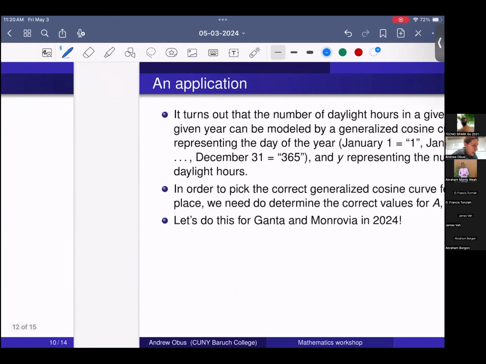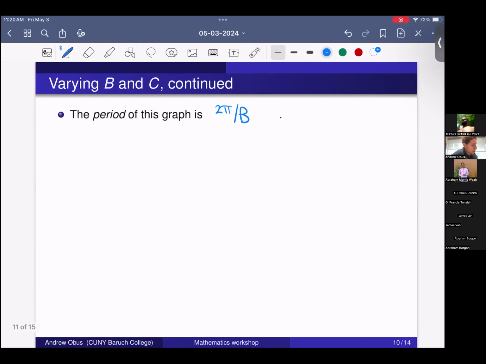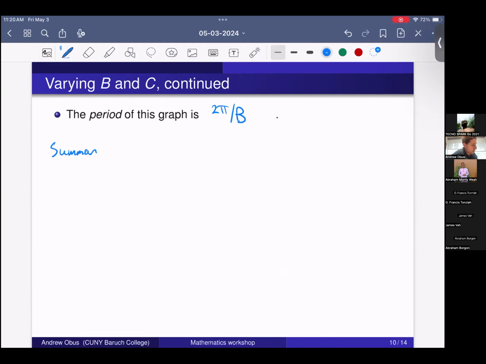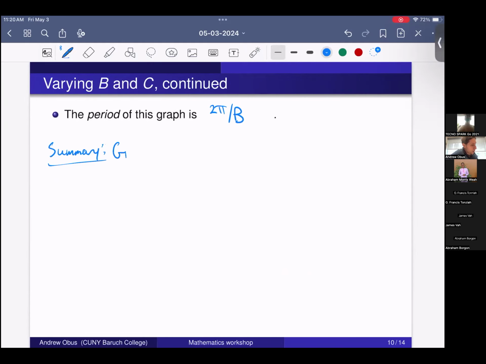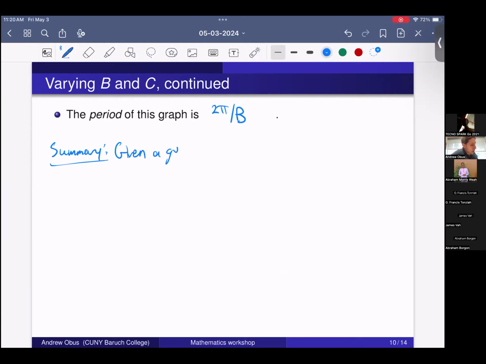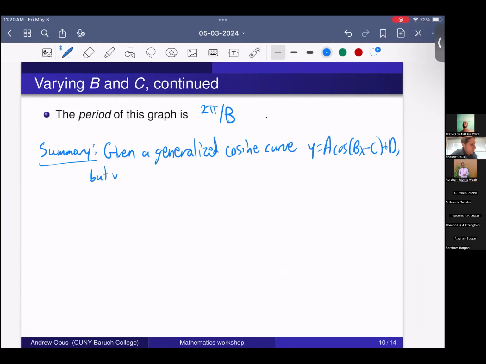So let me just give the summary. Let's say that we're given a generalized cosine curve y equals a cosine of bx minus c plus d, but we don't know a, b, c, and d.